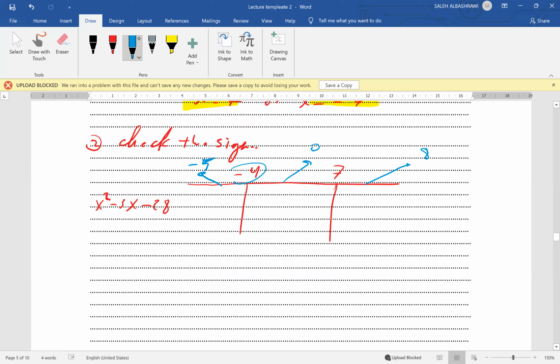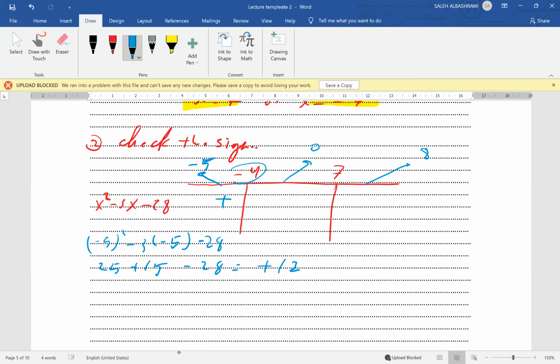In the first one, we replace x by minus 5. It is minus 5 squared minus 3 times minus 5 minus 28. This will give me 25 plus 15 minus 28, which is equal to plus 12. It is positive.